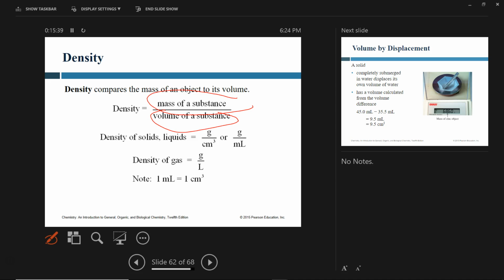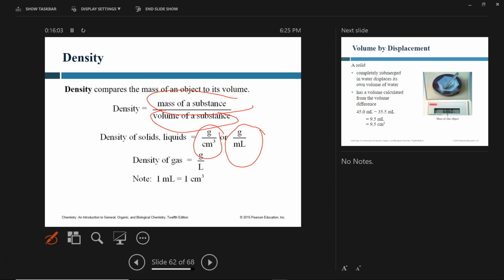But in general, solid has the highest density, liquid has lower, and gas has the lowest. Does that make sense? Okay? So how do we measure density? What are the units? We can measure it in gram per cubic centimeter, or gram per liter, or gram per milliliter. Doesn't really matter.